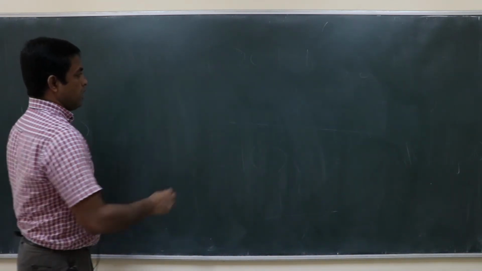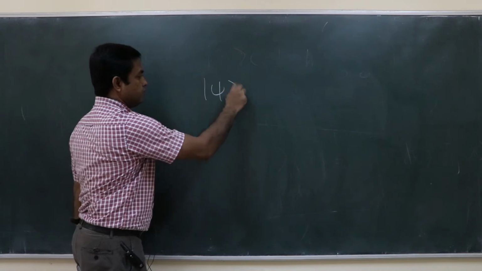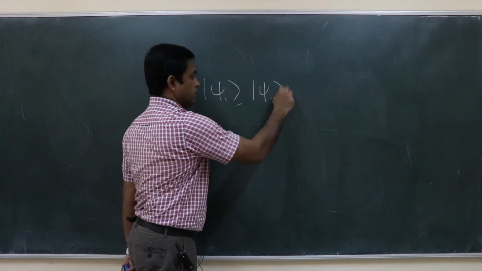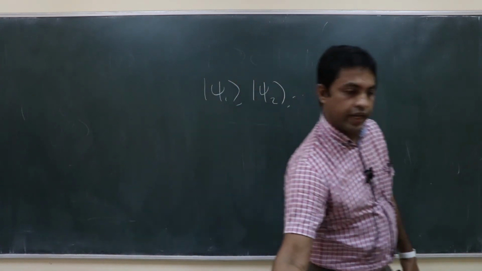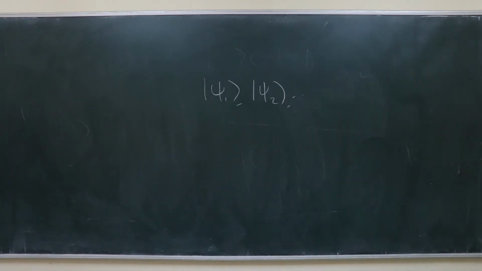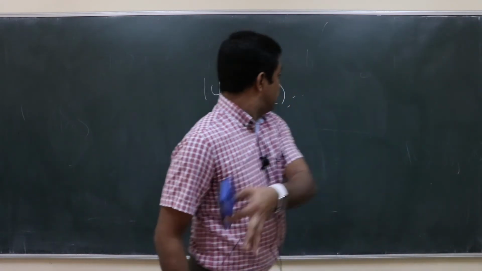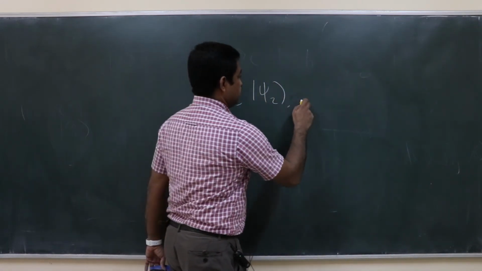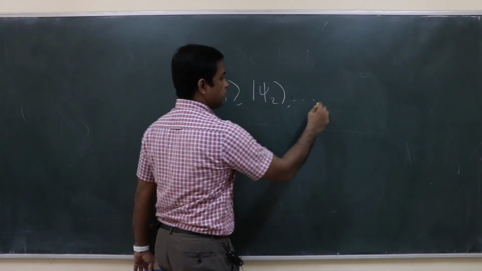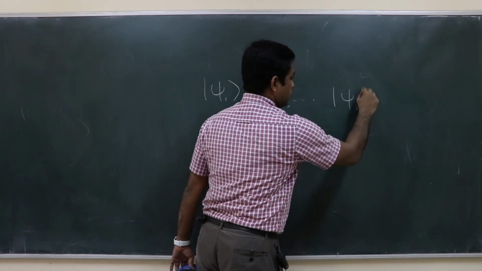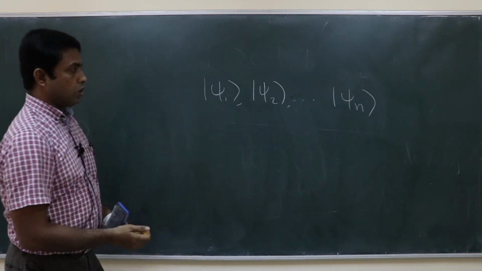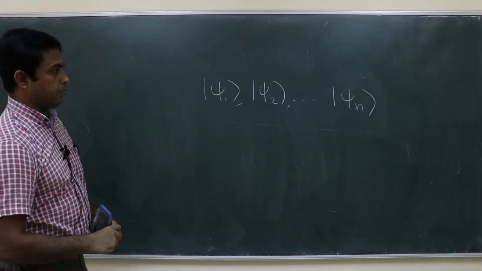So now I have vectors ket psi1, ket psi2, etc., ket psi n. They are not orthogonal but form a basis in n dimensions.